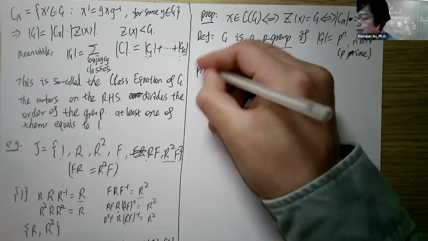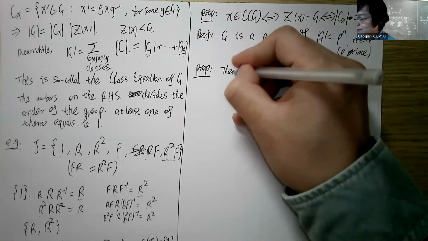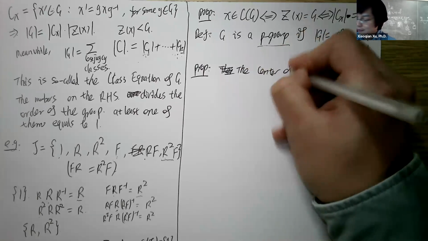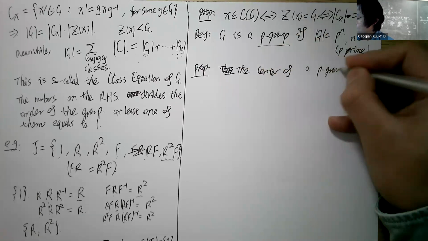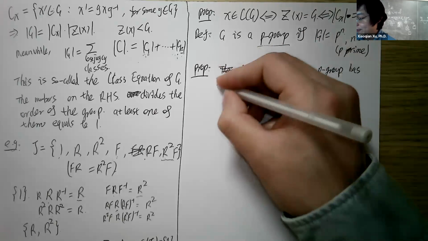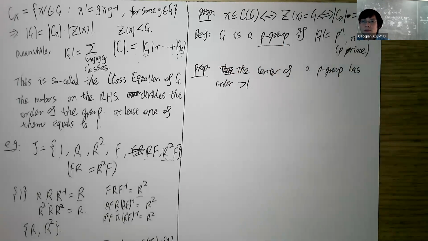Then the first proposition we can get from what we learned today would be: the center of a p-group is always non-trivial. We know in Z_p it's abelian, so the center is everything.